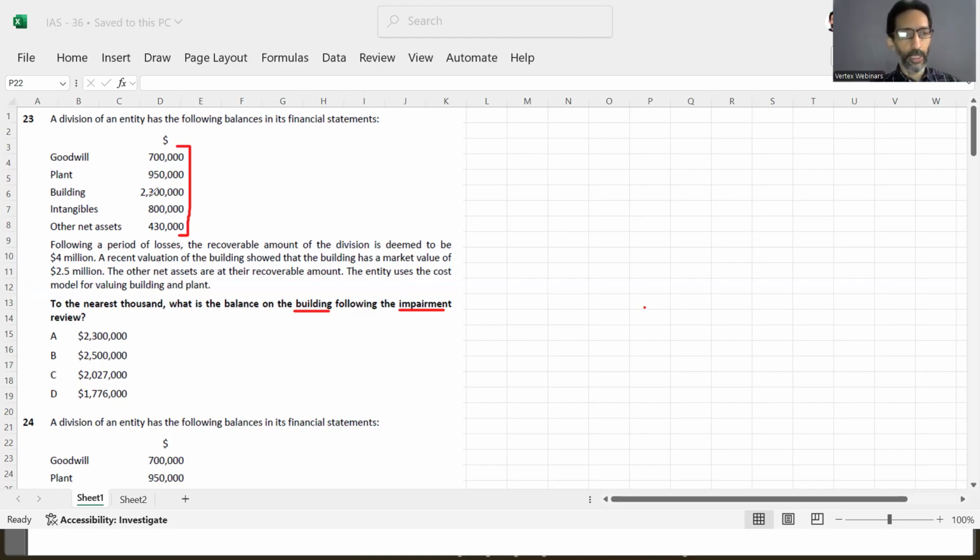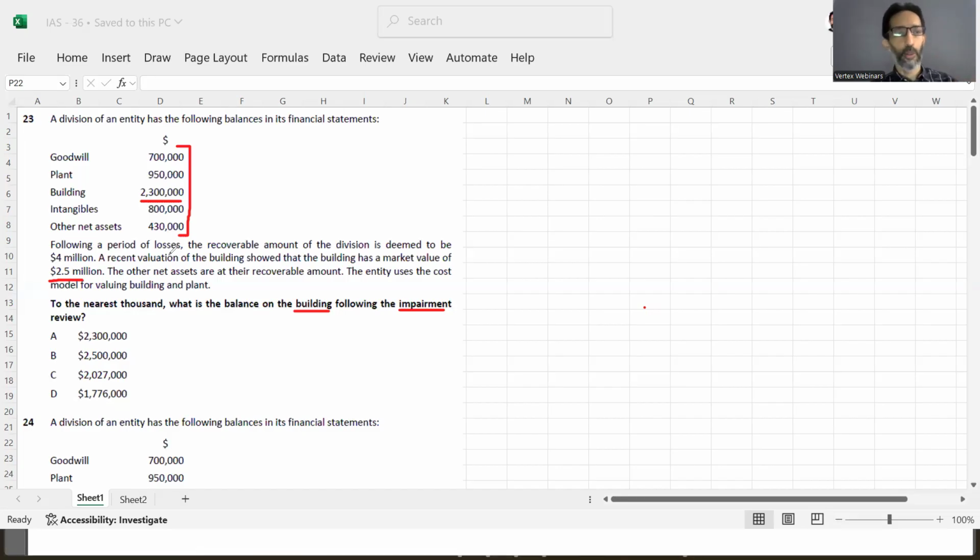A recent valuation of the building showed that it has a market value of 2.5 million. So the building here has a value of 2.3 million, but the recent valuation shows a market value of 2.5 million.